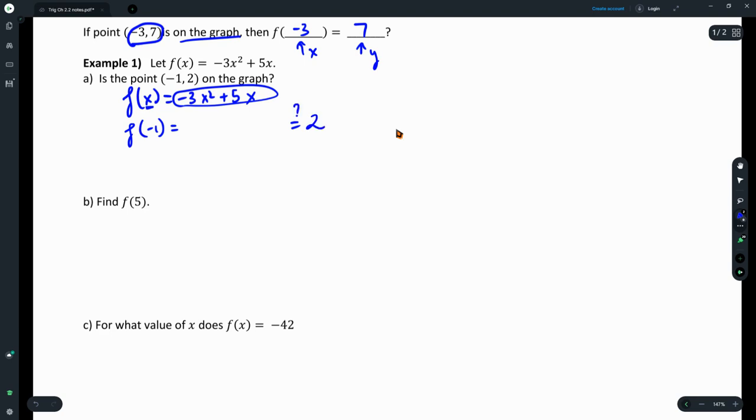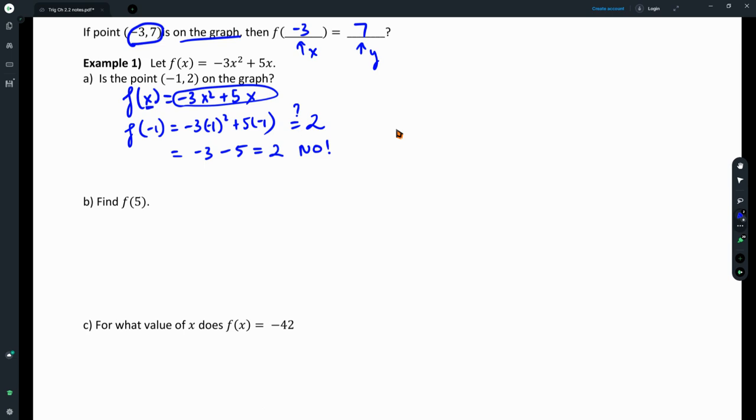That's what they're saying. So I put -1 in for x, so -3 times (-1) squared plus 5 times -1. And (-1) squared is just 1, so I have -3 minus 5. Is it equal to 2? And that's a no.